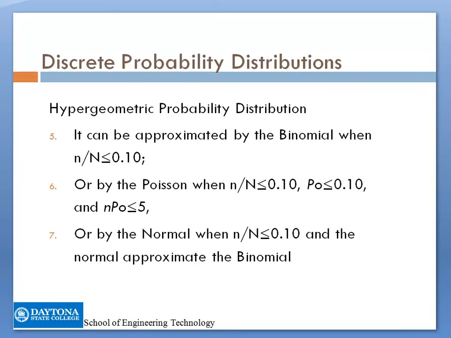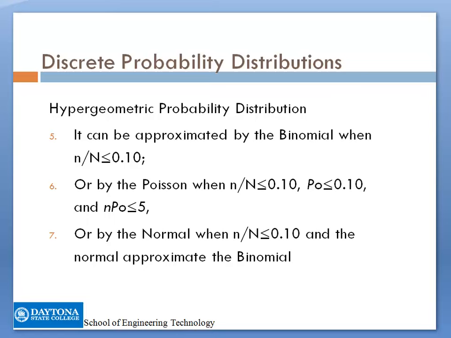Now, you can also approximate this type of distribution to the binomial, and this is when n divided by capital N, which is the population size, is less than or equal to 0.10. It can also be approximated to the Poisson, when the sample size divided by the population size is less than or equal to 0.10, or when you have the proportion p0 less than 0.10, or n p less than or equal to 5.